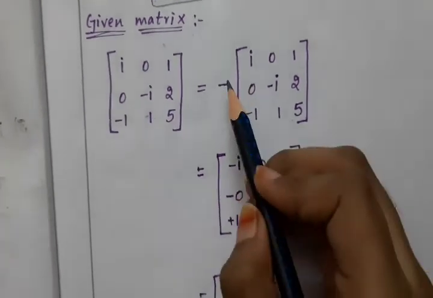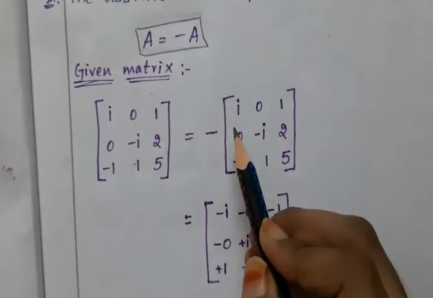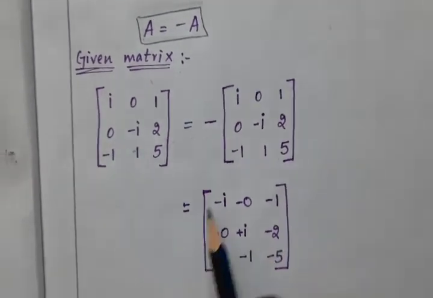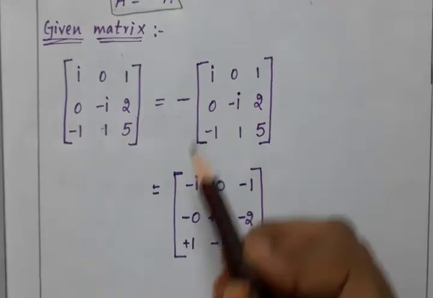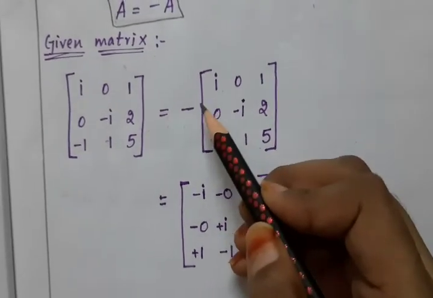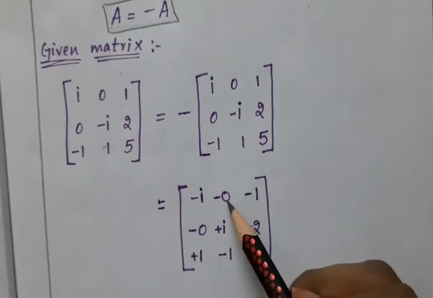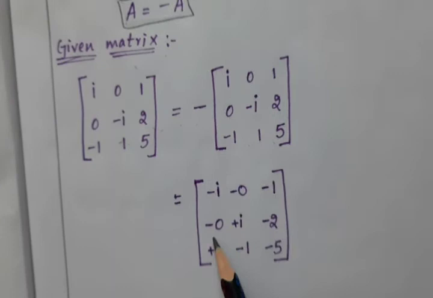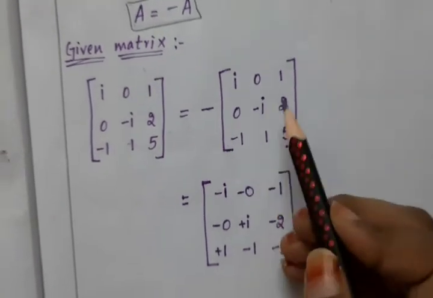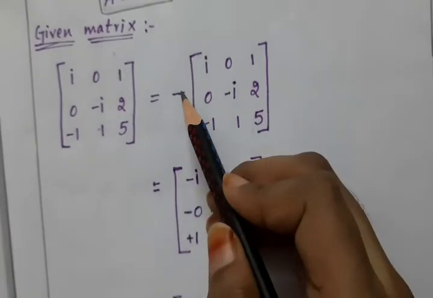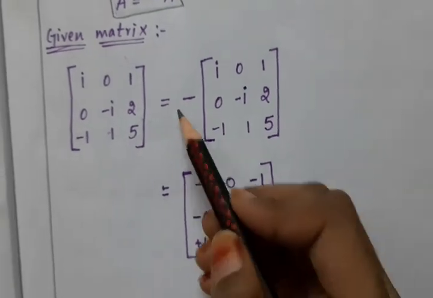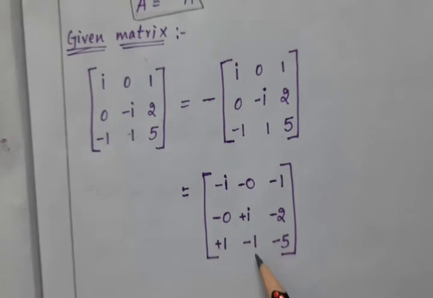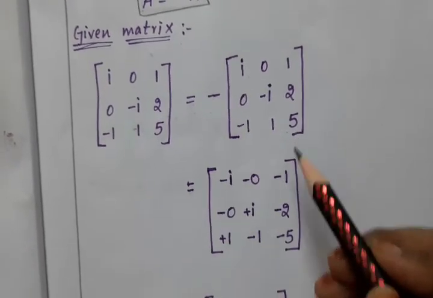You should multiply minus with all elements which is in the matrix. Then minus into i, minus i, minus into 0, minus 0, minus into 1, minus 1, minus into 0, minus 0, minus into minus i, plus i, minus into 2, minus 2, minus into minus 1, plus 1, minus into 1, minus 1, minus into 5, minus 5.